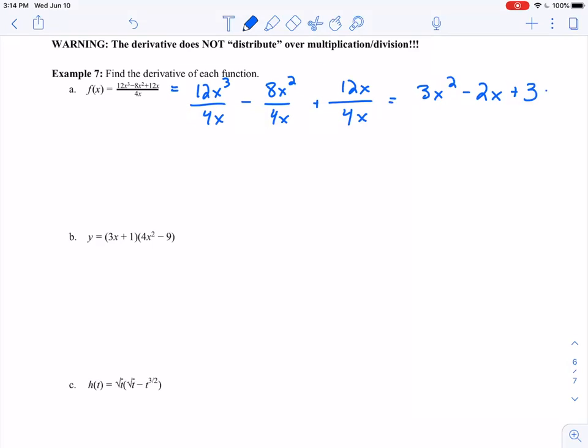Now notice, we haven't actually used the power rule, so we haven't taken the derivative yet. f of x is equal to this, is equal to this, is equal to this. This is still f of x. I have not yet taken the derivative, which means I still need to do that.